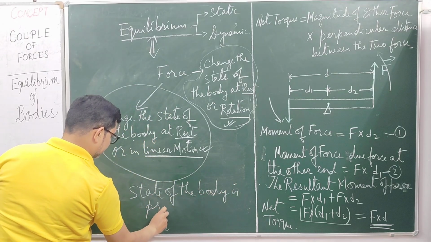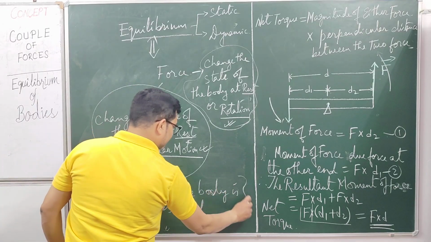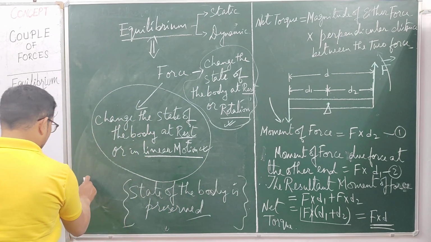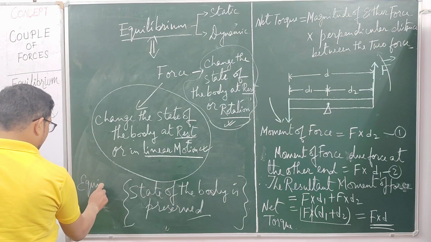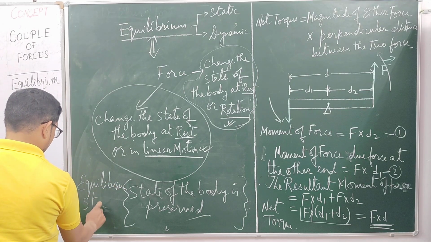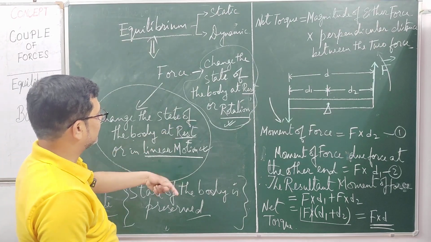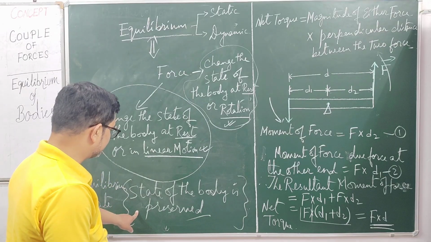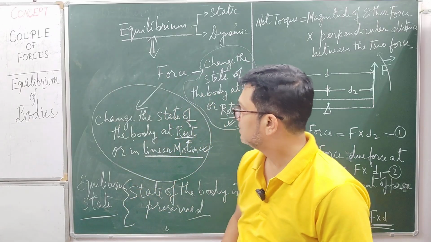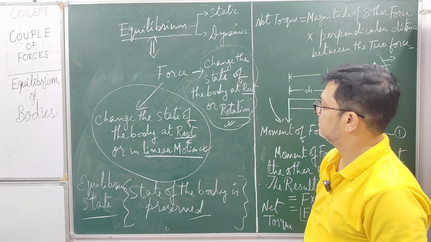That essentially means that although the forces are acting, the state is preserved, and this particular situation is what is known as the equilibrium condition or equilibrium state. Both situations could happen, but neither is happening, and the body is able to preserve its state. We call this situation the equilibrium state. This is the basic concept of the word equilibrium.